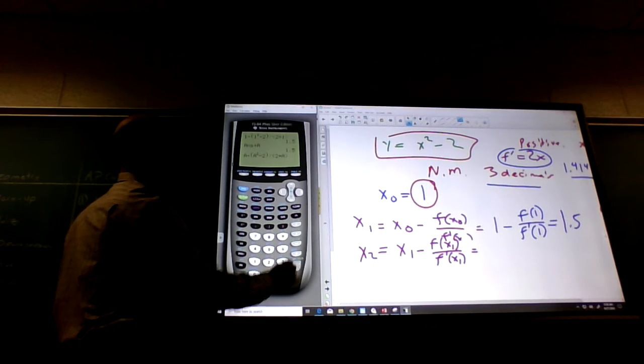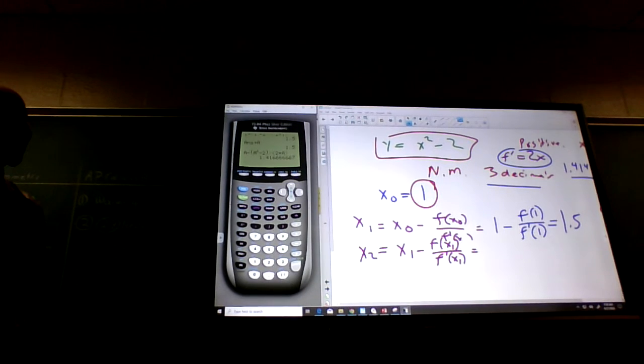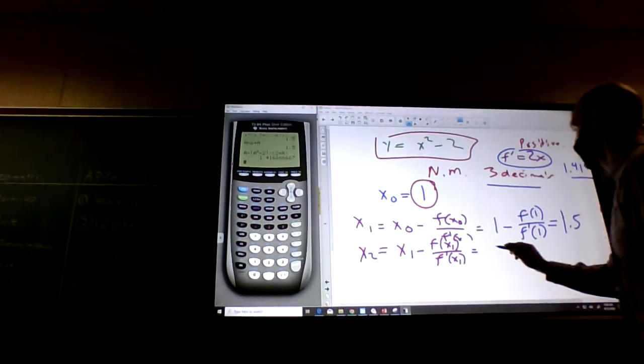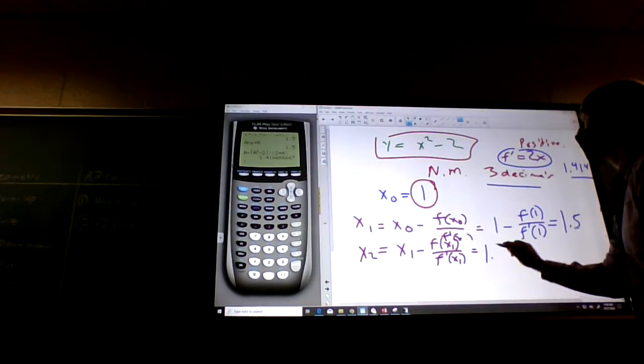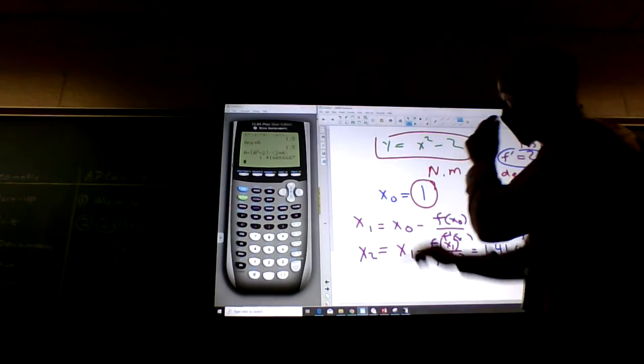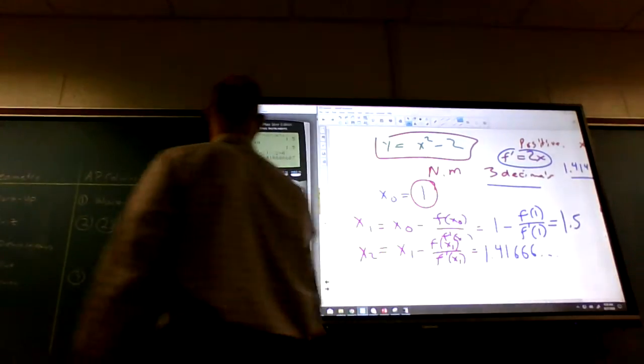It's the next step that you'll really get to see things get better. So there's my second calculation, which is 1.41666 repeating.